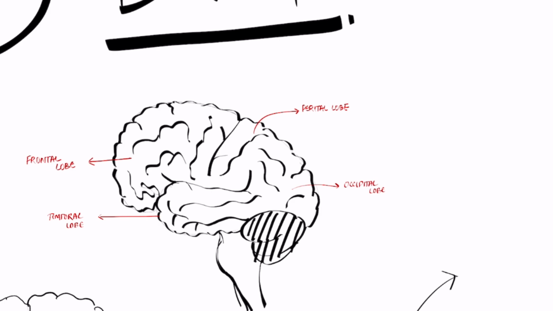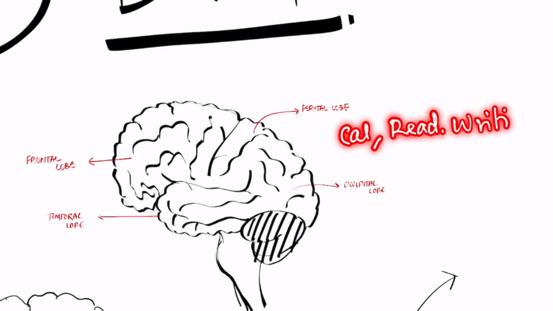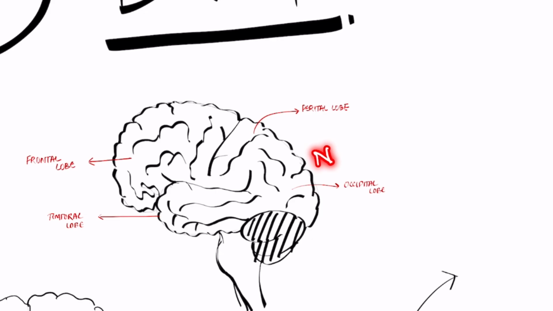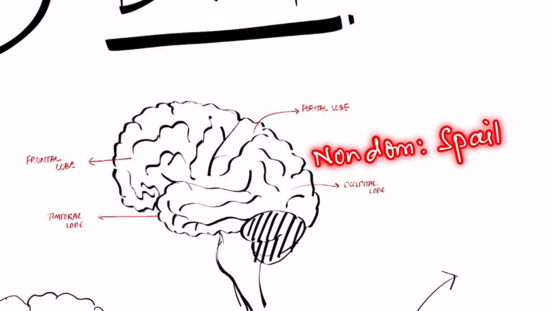In fact, we can decide which parietal lobe is dominant and which is non-dominant based on the following. In the dominant, there will be centers for calculation, reading and writing. And in the non-dominant, there will be centers for spatial orientation.